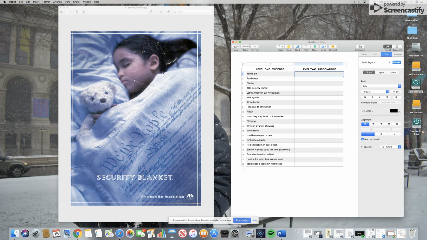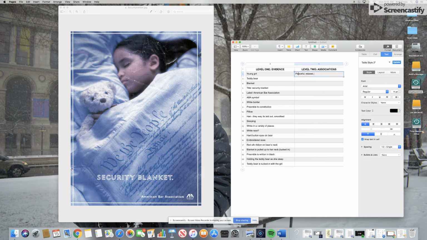So when I'm looking at the young girl, what do I feel? Well, as I notice that she's asleep and I notice that her hair is smoothed back and these things, it makes me feel peaceful, right? It makes me feel relaxed.